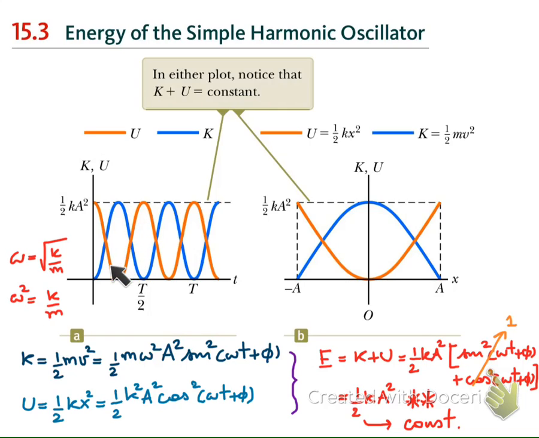And since the potential energy is in the form of a cosine function and the kinetic energy is in the form of a sine function, they are 90 degrees out of phase.